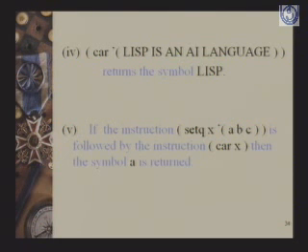Not only that, the list ABC obtained by evaluating quote ABC is also returned. That is, the returned value can be used instead of the whole expression setq x quoted ABC. So the value returned is ABC, and because it is a list, we can apply car to this, and you know the car of the list ABC is nothing else but A.